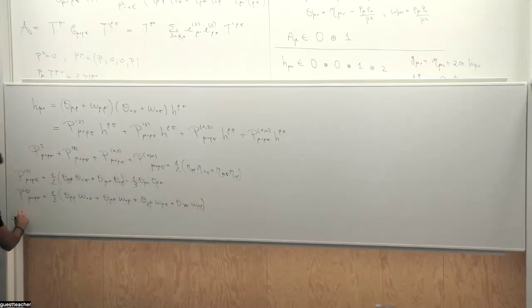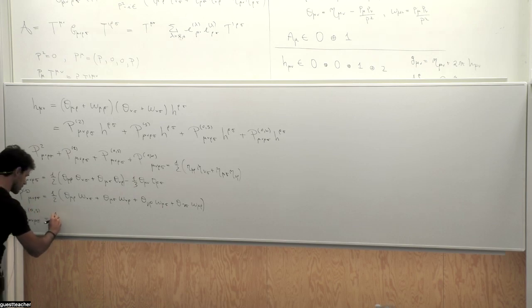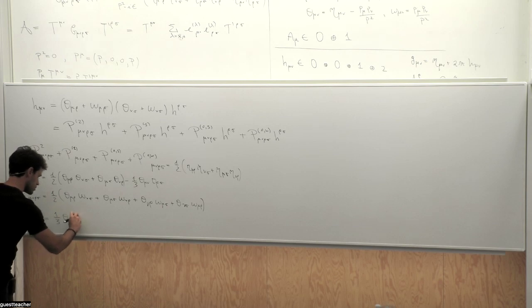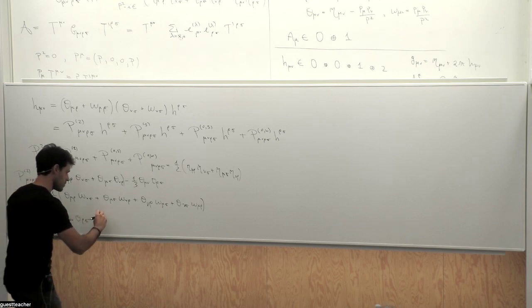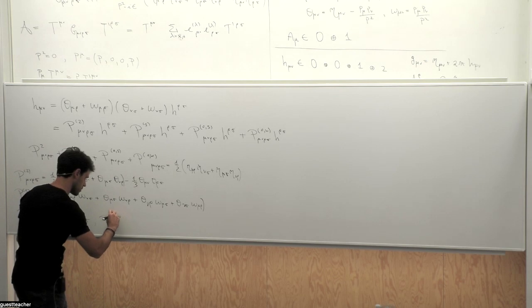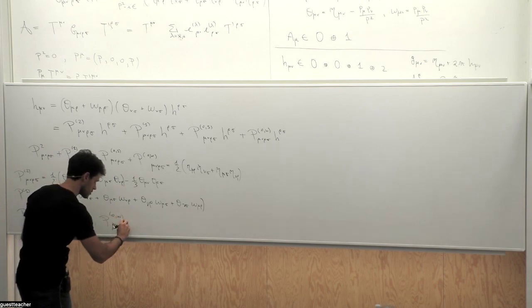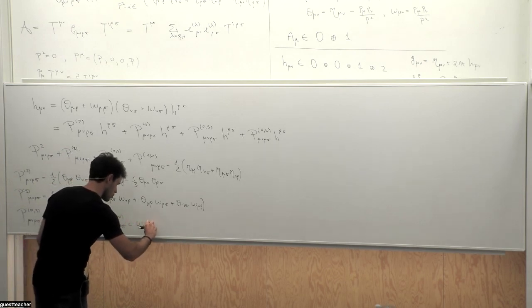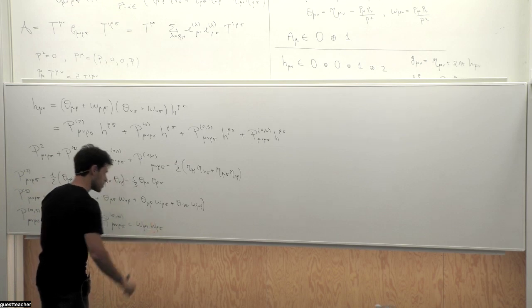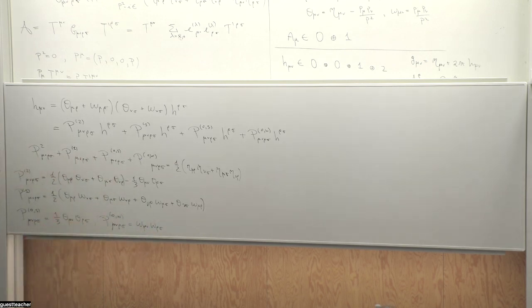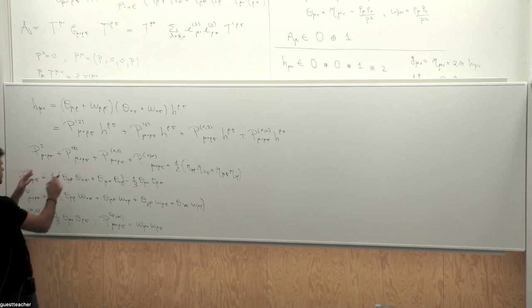And finally, you have the spin 0s, which is 1/3 theta mu nu theta rho sigma, and then you have this 0w, which is omega mu nu omega rho sigma.